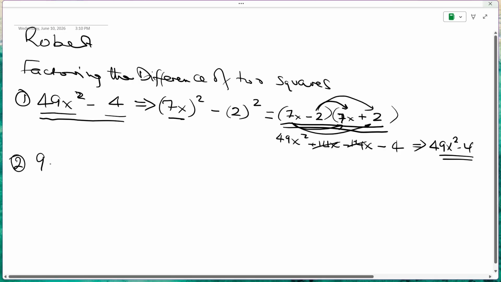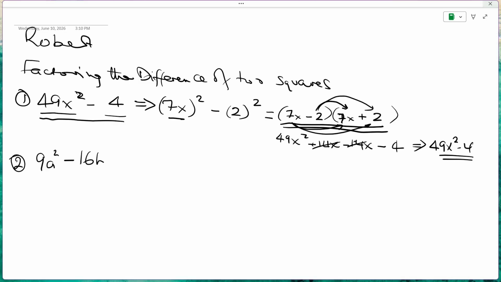Let's suppose we have 9a squared minus 16b squared. Clearly here you can see that we can have 3a squared, because 3a times 3a gives us 9a squared, minus 16b squared. This one will be 16b squared.